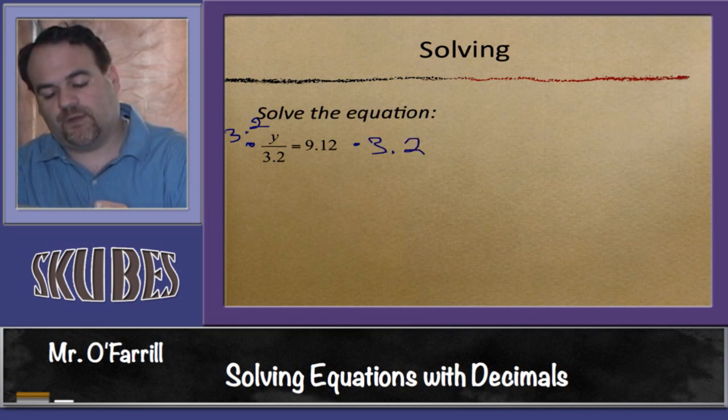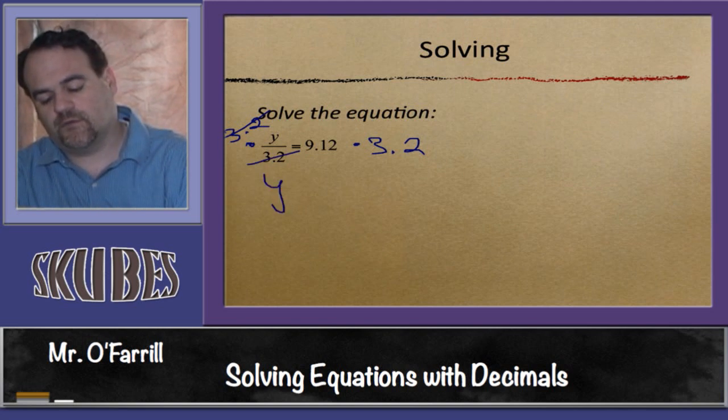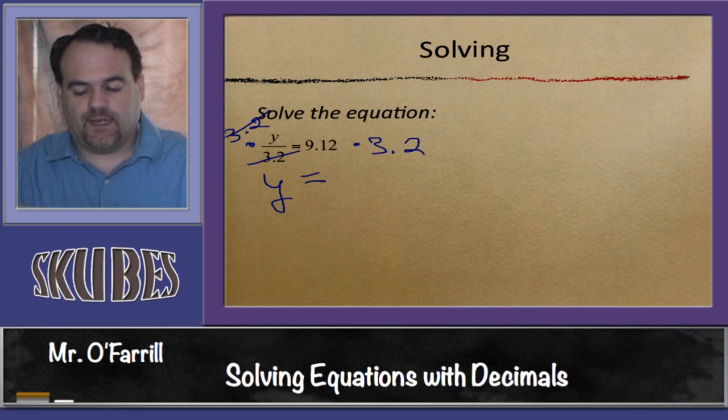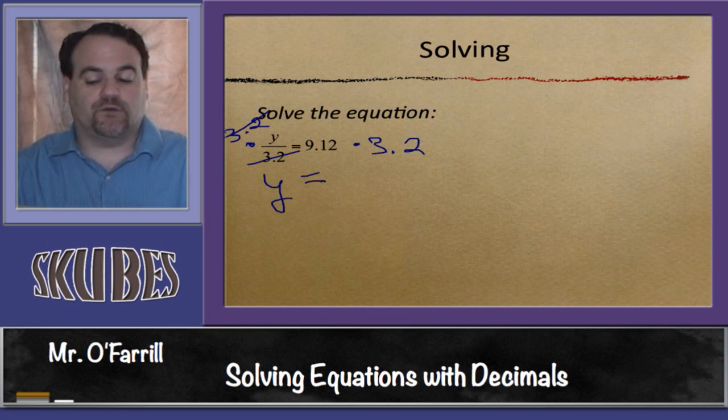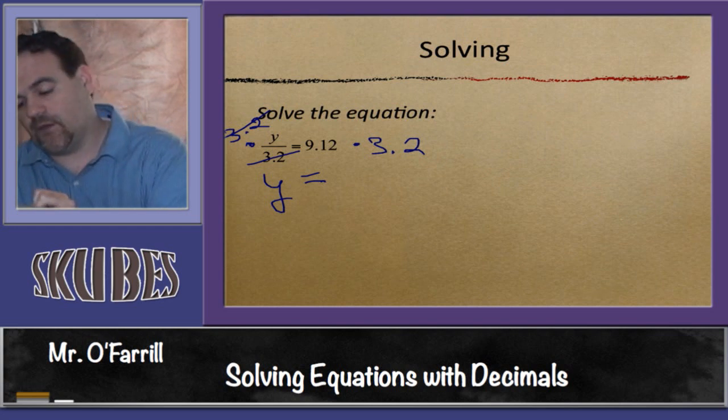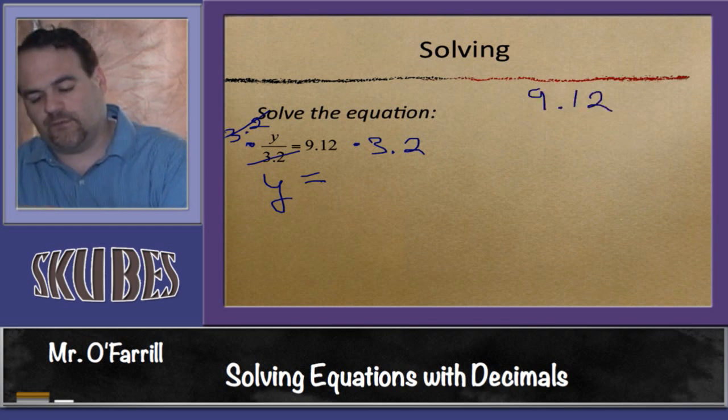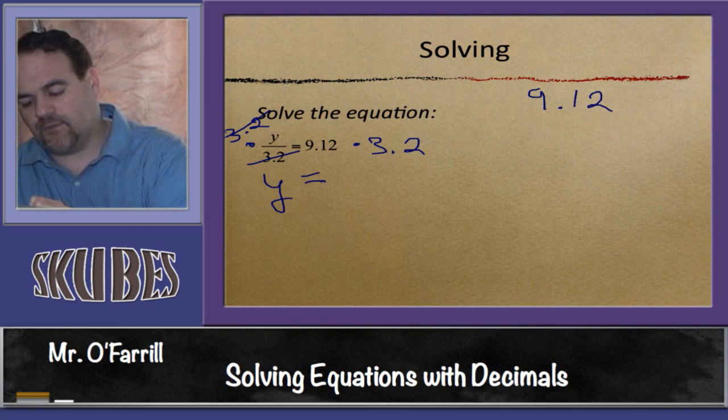Okay, the 3.2's cancel, leaving you y equals, and I haven't actually shown you doing any of the math so far, so why don't we do this one on the screen. We're going to do 9.12 times 3.2.